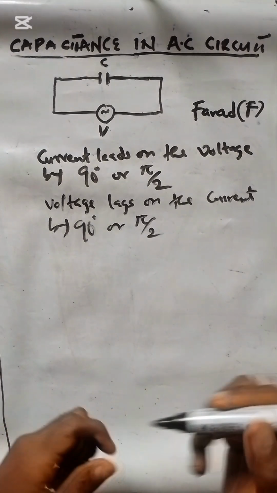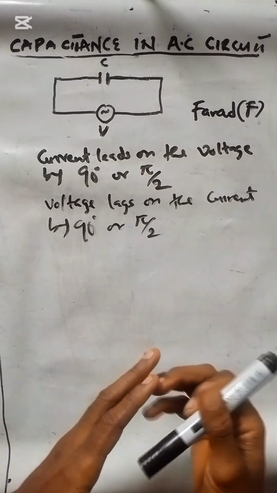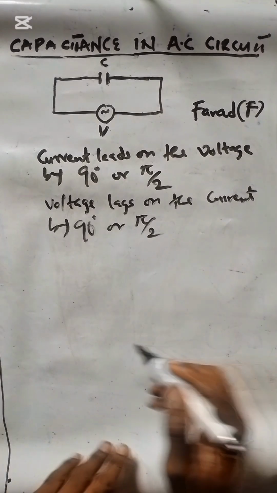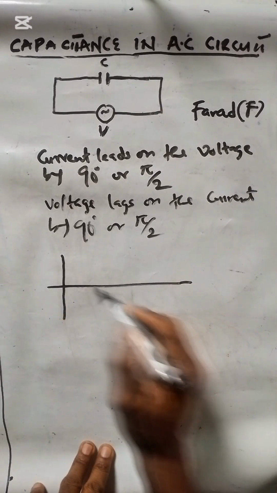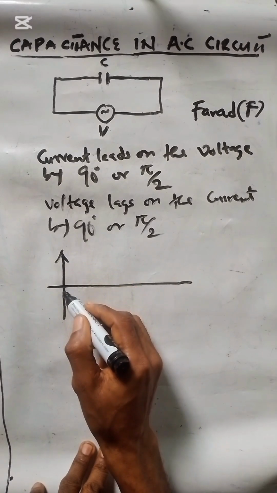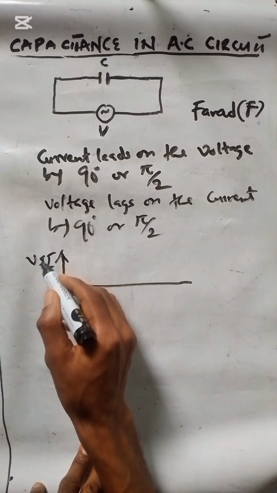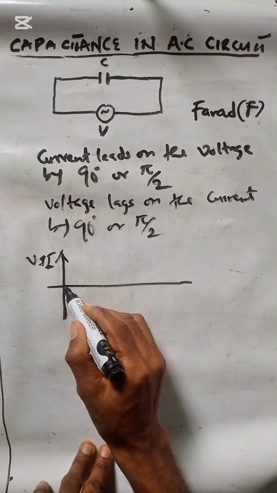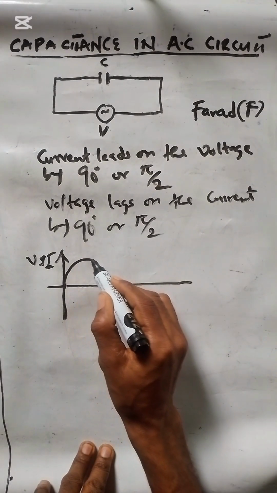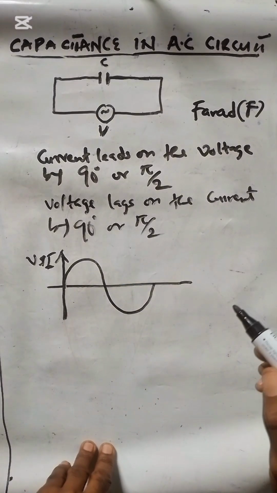So when we have a plot of current and voltage against time, we are going to have this. This is our voltage and current axis. As the current is doing that, that is for the current.